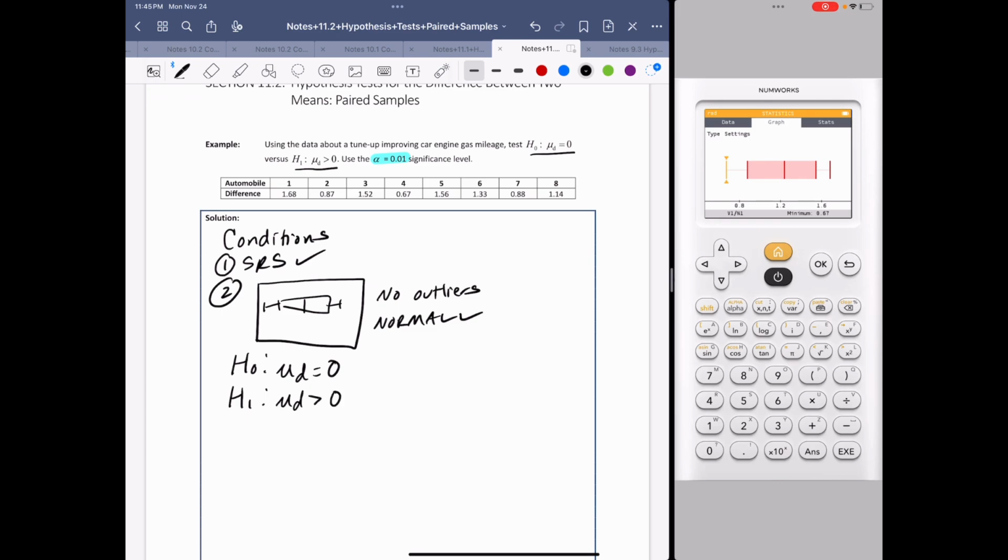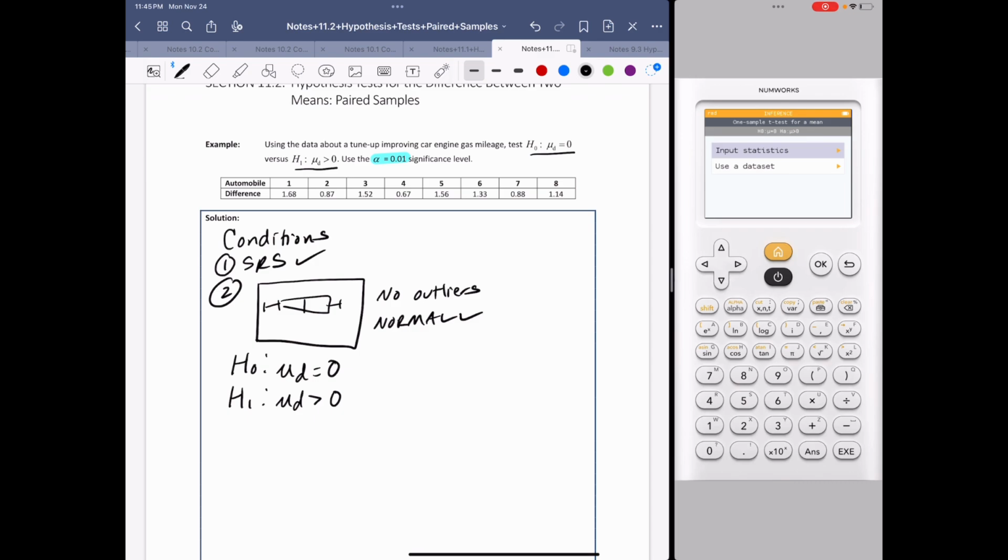All right, so I'm going to go to my calculator. I don't want to do math. I'm going to let the calculator do the math, so I'm going to inference. I'm doing a test. I'm doing a one mean t-test. I'm doing t. My H0 is 0. My alternate is greater than 0, so change that to greater than 0.